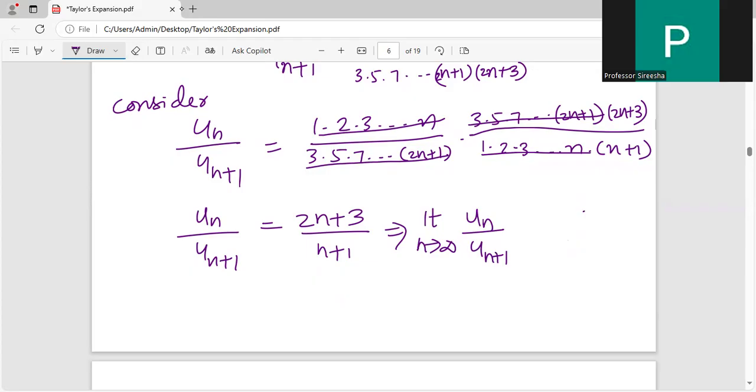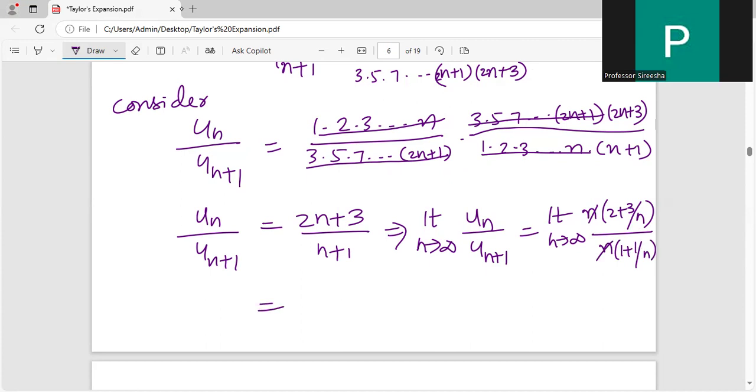So I'll be taking out n common in both the terms as n tends to infinity. So n into 2 plus 3 by n, by n into 1 plus 1 by n. Because if I put infinity, it will be infinity by infinity form and I have to use L'Hospital's rule.